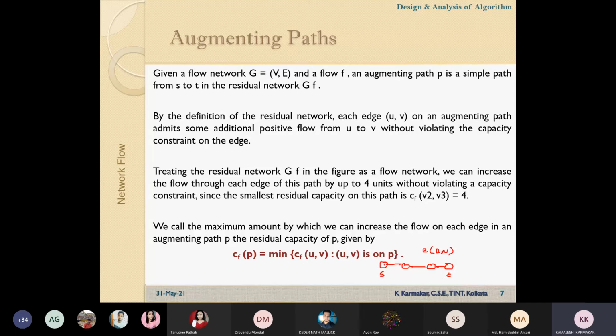If this one is U and this one is V, this is the directed edge. So capacity of UV, for all the UV on P.